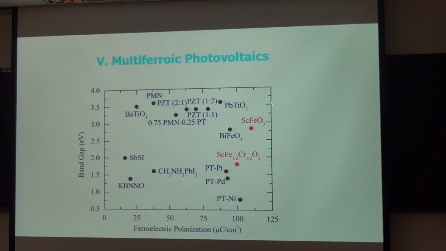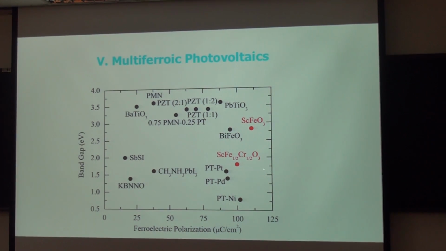In multiferroic materials, both the ferroelectric polarization as well as the spin degrees of freedom exist. So we can utilize both degrees of freedom to realize not only high efficiency of power conversion, but also novel functionality. For example, the spin-dependent current or the ferroelectric control of the photocurrent.